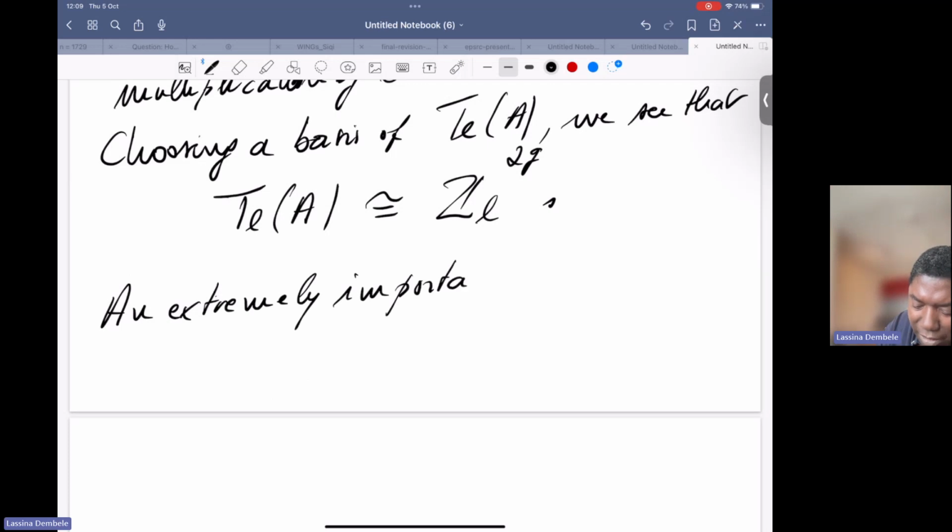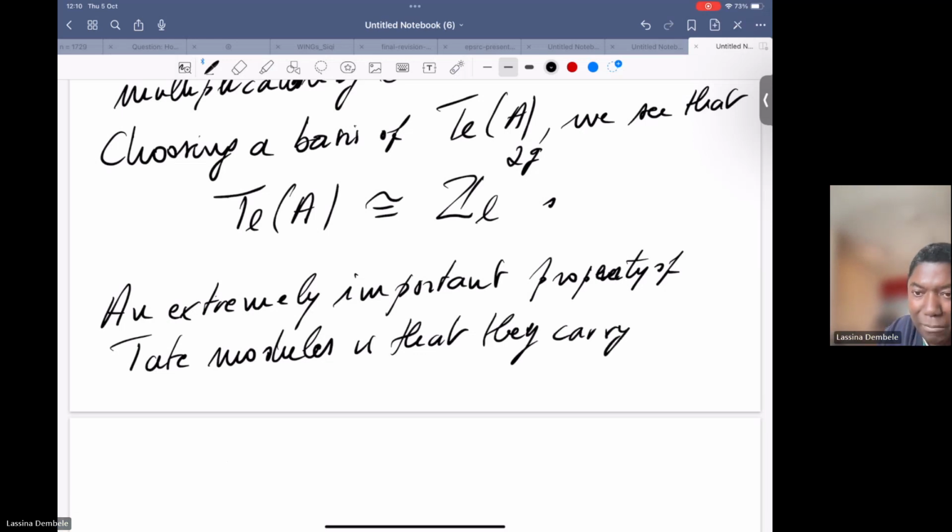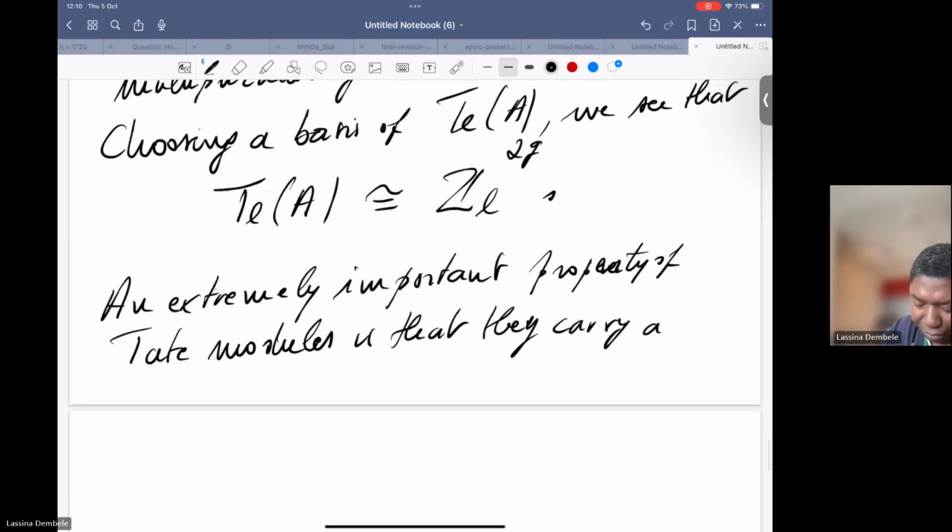So, an extremely important property of Tate modules is that they carry a Galois action.